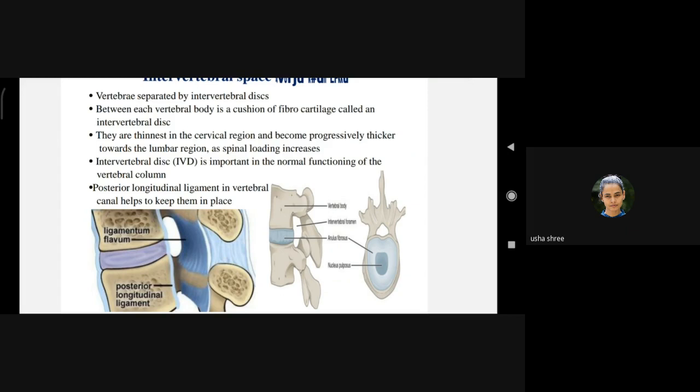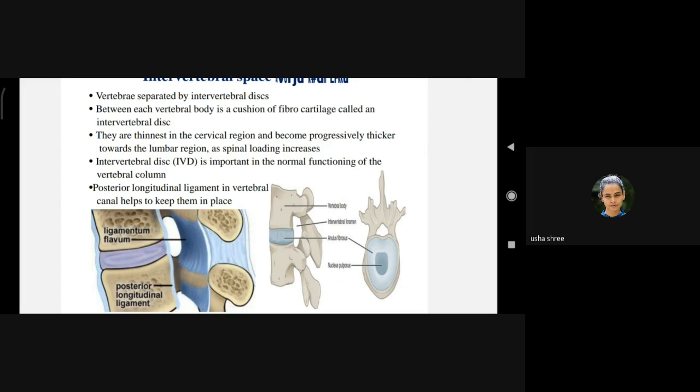It is a cushion-like structure made up of fibrocartilage. They are thinnest in the cervical region and become progressively thicker towards the lumbar region as spinal loading increases.